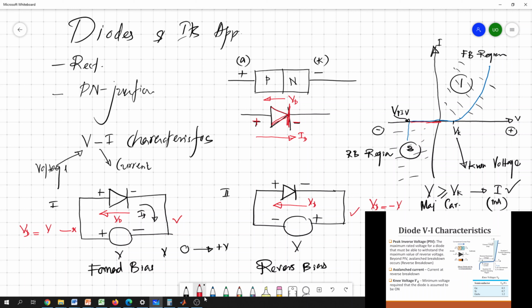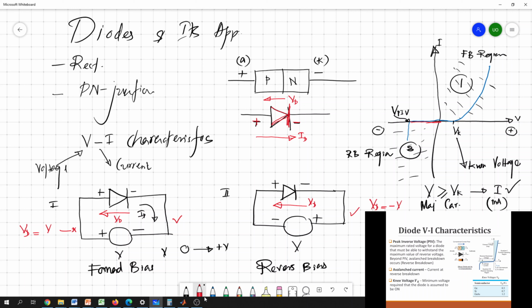During this reverse bias region, the depletion region of the PN junction gets wider and wider. When we increase the reverse bias voltage beyond a certain limit, that expansion of the depletion region cannot be tolerated anymore, and the diode breaks up.